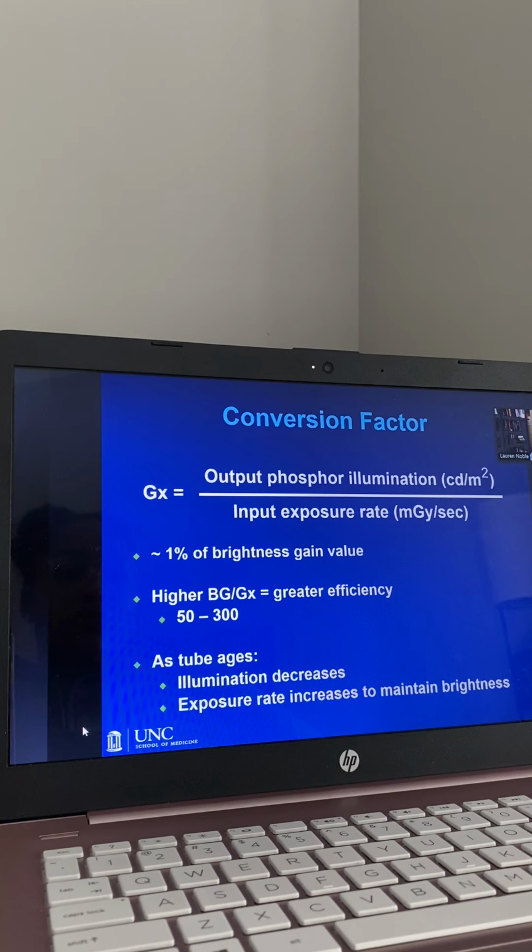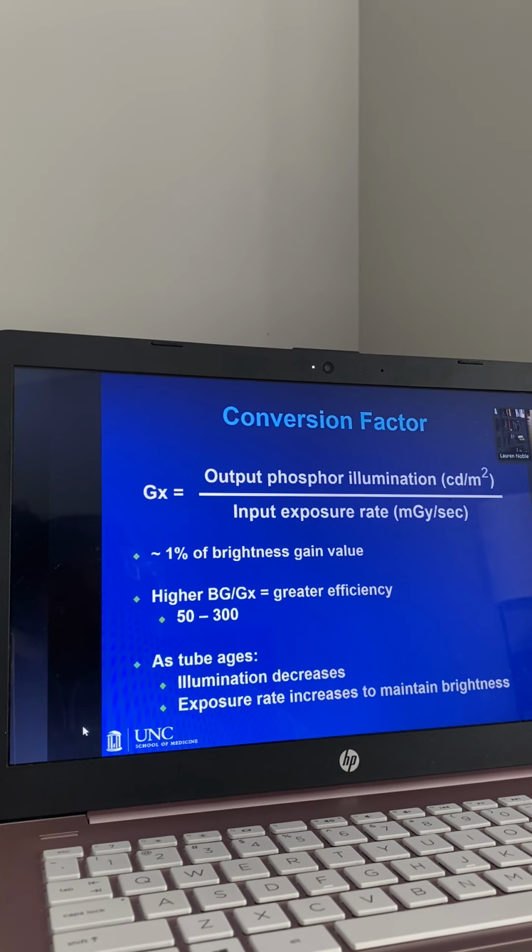It's the amount of illumination versus the input exposure rate, how many X-rays per second. So it's the light versus exposure rate. And it's 1% of the brightness gain value.